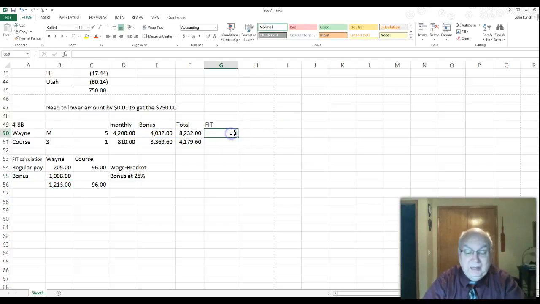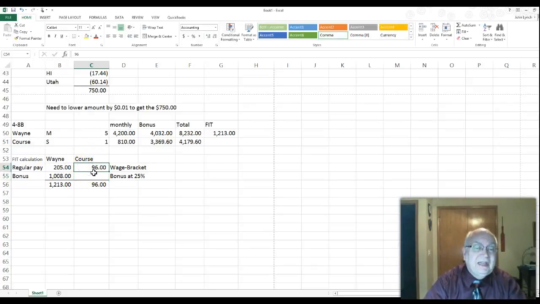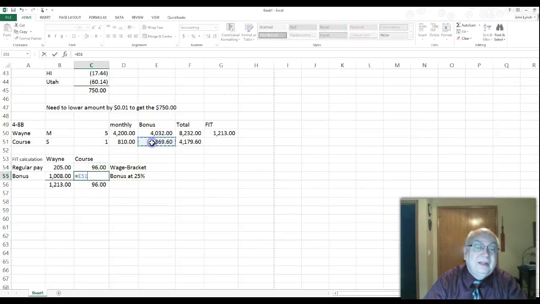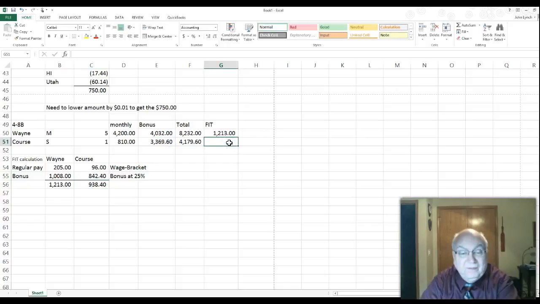So the tax will be $1,013 for the FIT. And I also picked the third one down, single with 1. The wage bracket method was $96 on the 810, because that's what you want to look up. For the bonus tax, you take the $33.69 times 0.25, which gives you $8.42. That's the tax for that one.